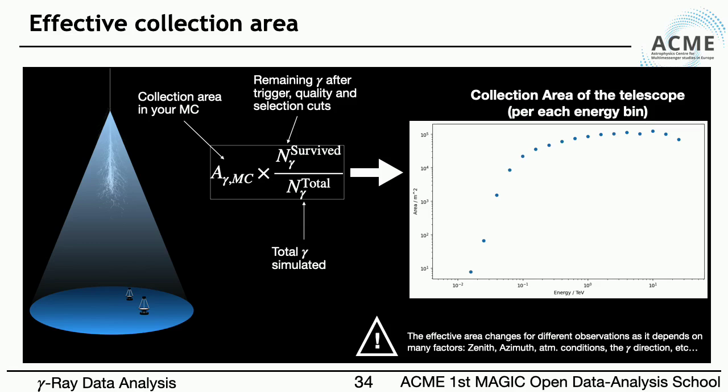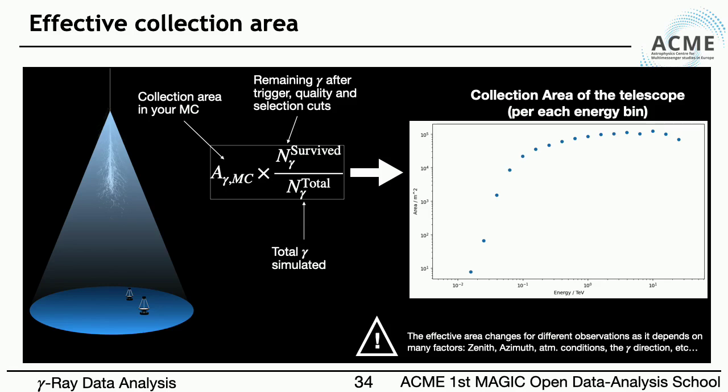Now, as the energy increases, showers become brighter, larger, and easier to detect, and the trigger efficiency rises quickly. This also means that more events survive the reconstruction cuts. As a result, the effective area rises steeply with energy.